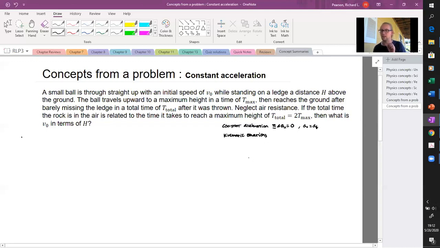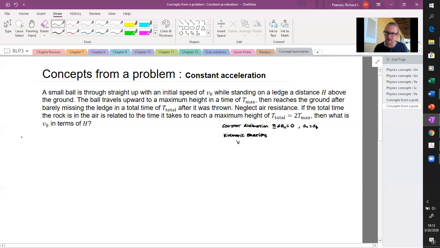And those kinematic equations are very important because they allow us to describe how position, velocity, acceleration, and time are related together in a nice, convenient package. The equations that we have are as follows.